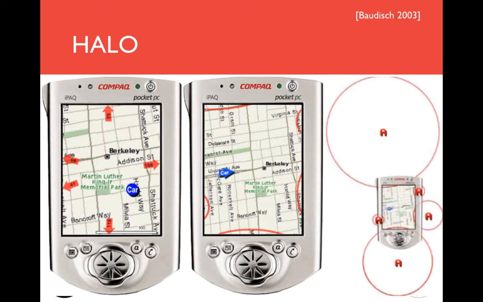One interesting technique that was used, again, way back around 2003, was something called the halo. If we had things that were off screen, imagine what we have over here on the right with little icons that are off screen, they get a halo around them, and that halo is big enough that it touches the edge of the screen. So things that are really close to the edge have small rings around them, things that are very far away have big rings, and they're positioned just so they arc into the screen.